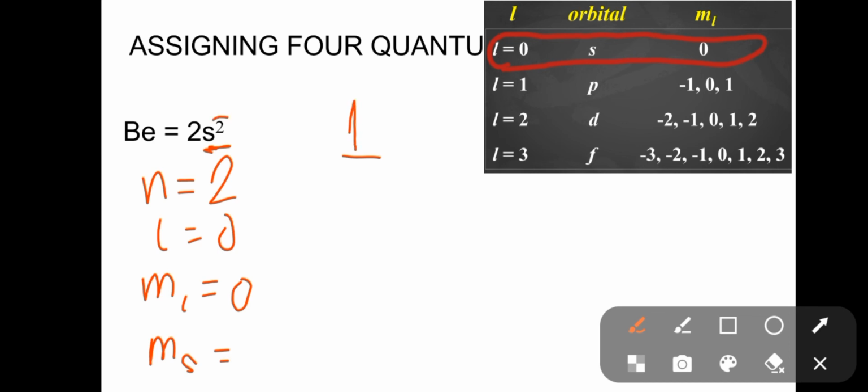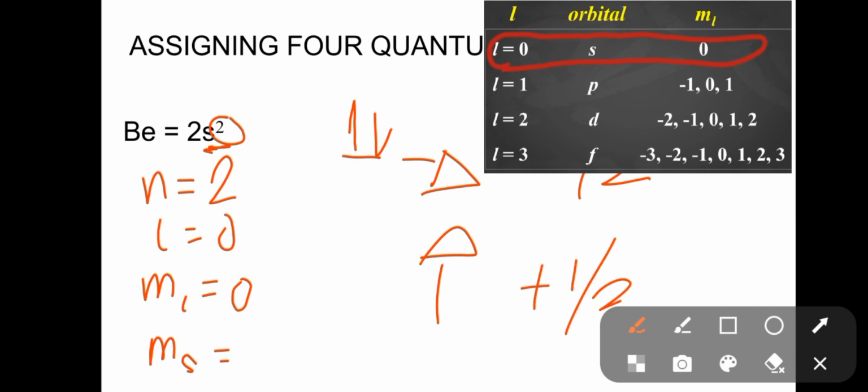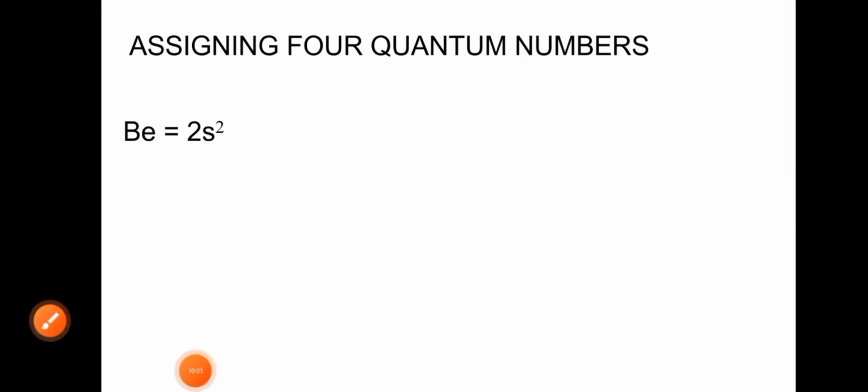Dito tayo magbe-base, 1 and 2. So, downwards, ibig sabihin, kapag downwards, negative 1/2 yung gagamitin natin. Kapag upwards, ang gagamitin natin ay positive 1/2. Pero dahil downwards yung katapusan ng spin ng electrons, negative 1/2 yung value ng MS.